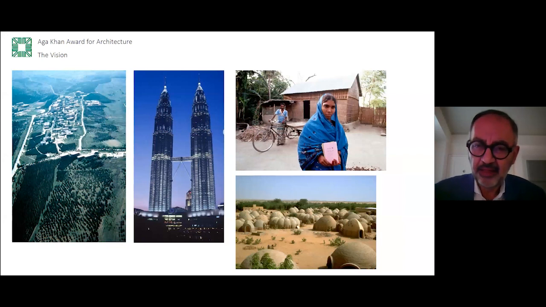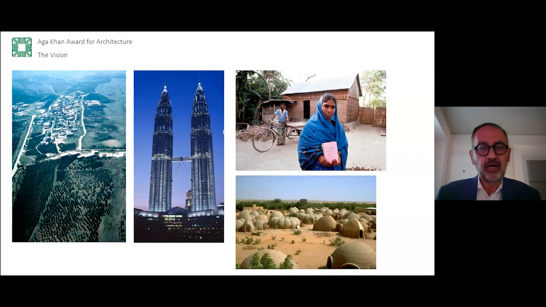Little by little, other issues came up which were as important during the award cycles. For example, we gave awards to a housing scheme in Bangladesh, which was about how microfinance can be in service of providing houses. In a country as poor as Bangladesh, with something like $150 given only to women, you could provide 20,000 houses in a couple of years.